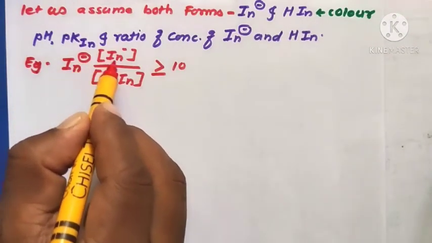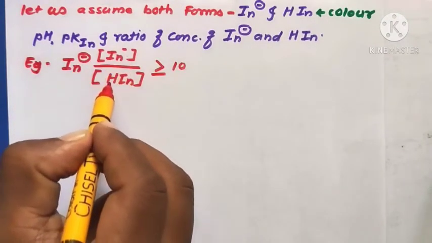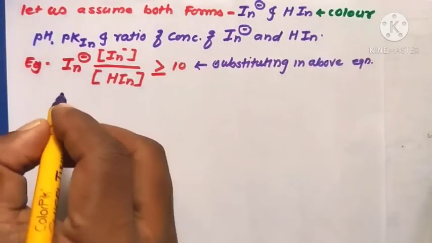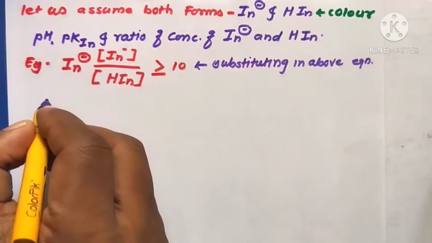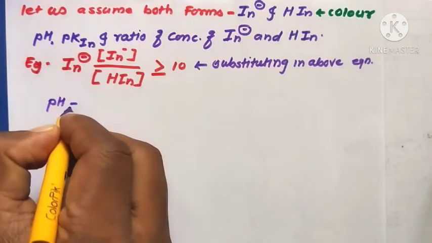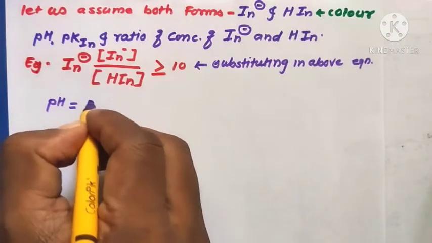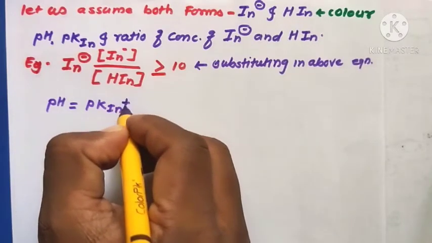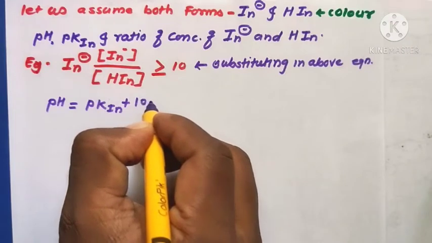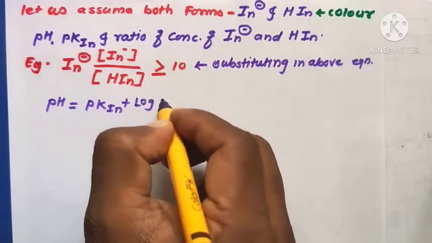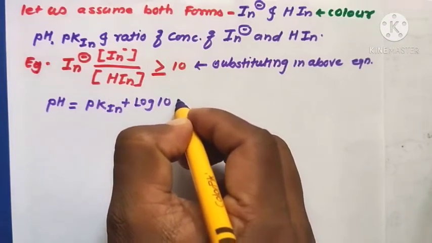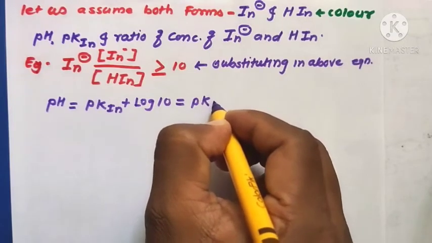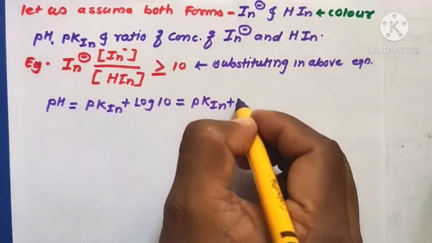Therefore, substituting the value in the above equation, now the equation is pH is equal to pKin plus log 10, which is equal to pKin plus 1.